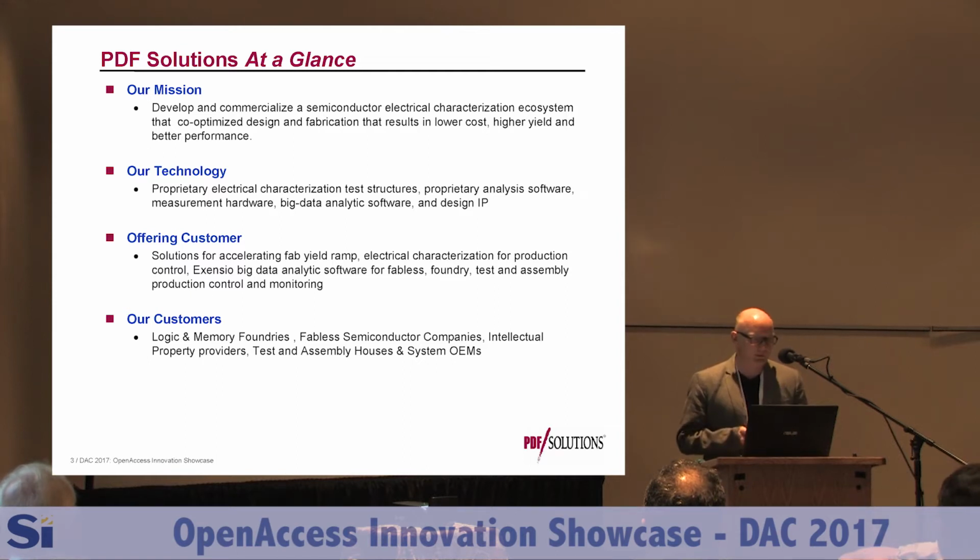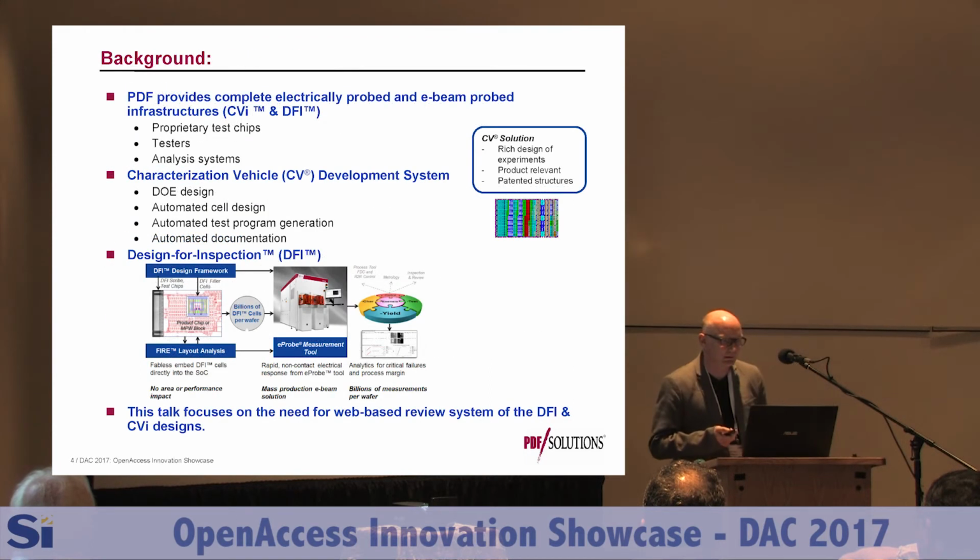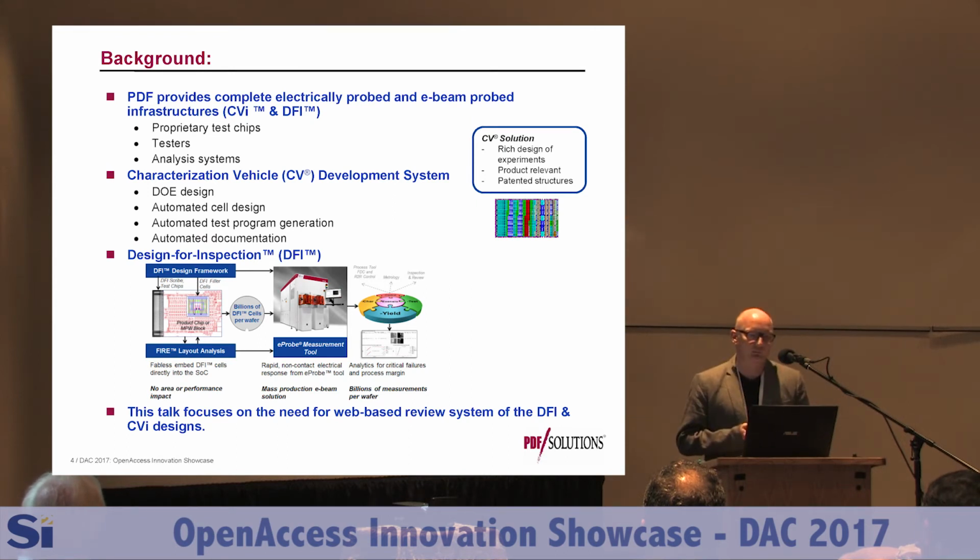What are our customers? They are typically logic and memory foundries, fabless semiconductor companies, intellectual property providers, test and assembly houses, and system OEMs. When you work with us, typically we provide a complete electrically probed and e-beam probed infrastructure, which we call CVI or DFI.